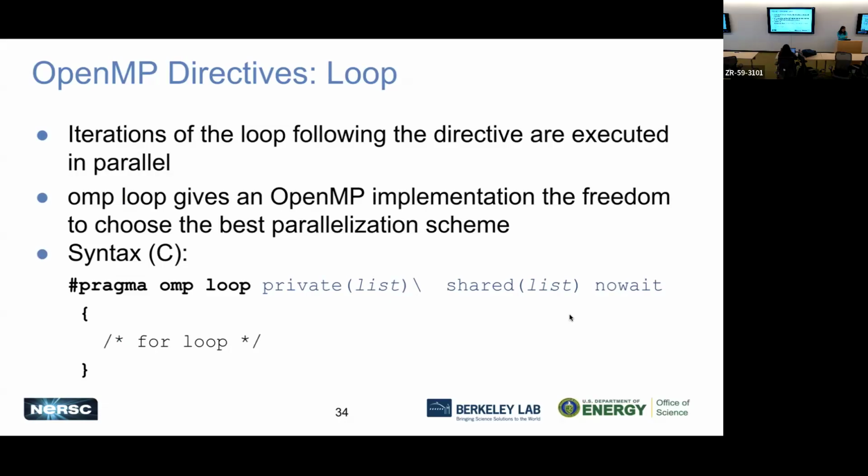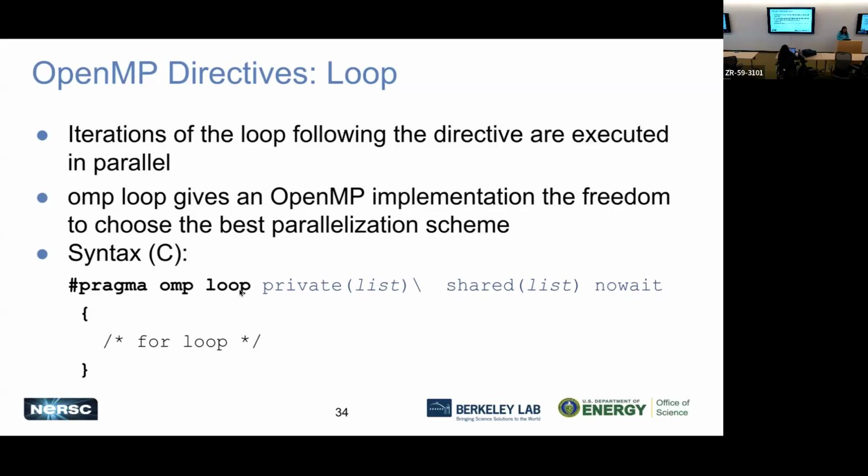The final directive is called loop. Again, the loop is also within OMP parallel. And instead of OMP for, with which you tell the compiler how to distribute your loop, how I want my schedule, my chunk size, OMP loop is basically saying, hey compiler, you decide what you want, can you help me distribute my loop?